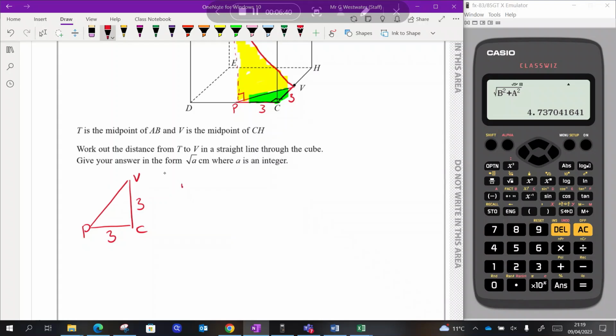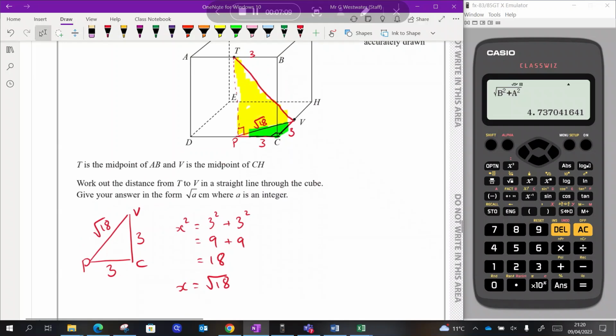Let's call this X. X squared will equal 3 squared plus 3 squared, which is 9 plus 9. It's 18. Okay, so X must be the square root of 18. I could simplify that, it's 3 root 2, but for the sake of this, I'm going to keep it as root 18, and you'll see why shortly.